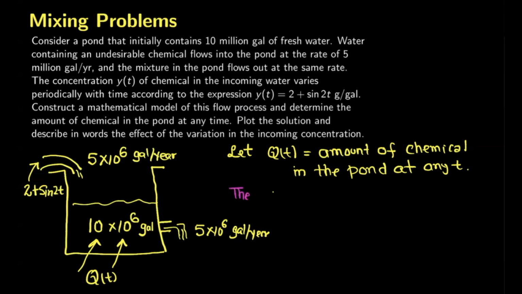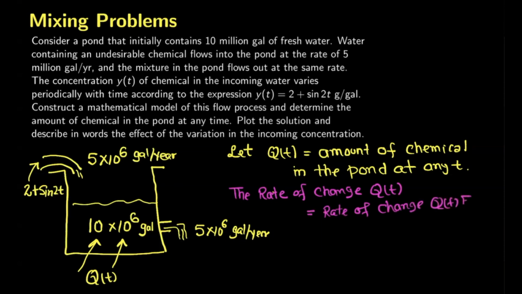The rate of change of Q of t, how the chemical will change in the pond, is equal to the rate at which Q of t enters minus the rate at which Q of t exits.